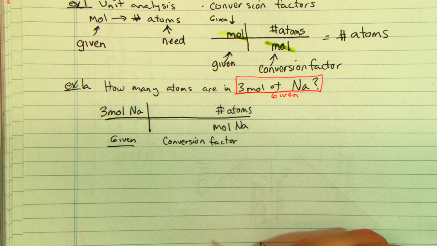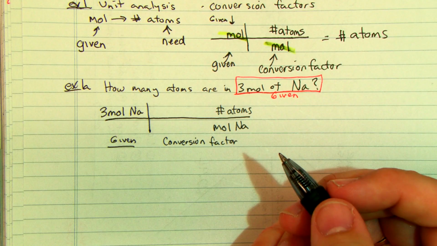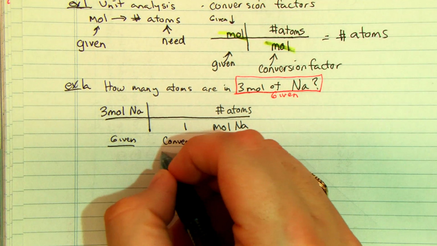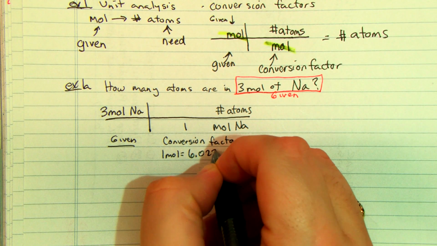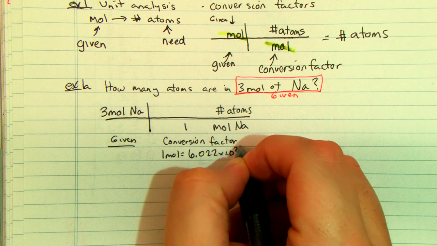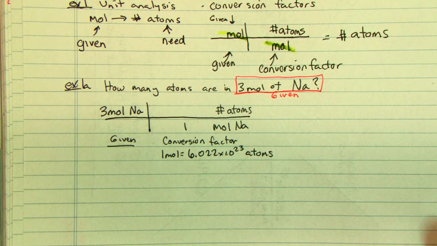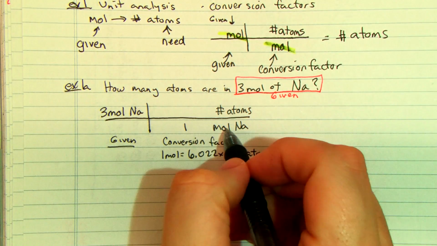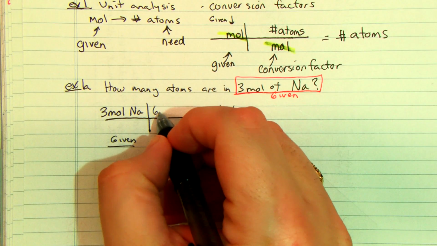Now, where does that go? Number of atoms. The conversion factor is 1 mole is equal to 6.022 times 10 to the 23rd atoms. Because atoms falls under that category of representative particles. So 1 mole, we put that down here, and up here we put the 6.022 times 10 to the 23rd.